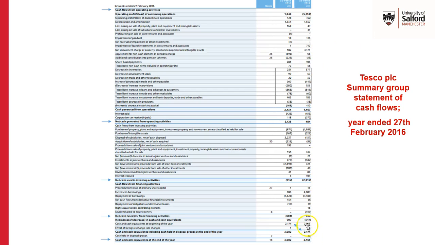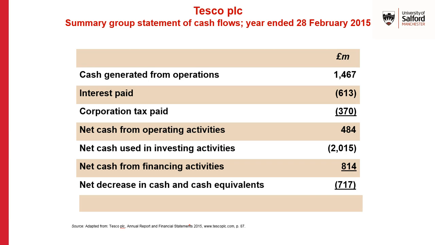So the bottom figure here, net decrease in cash and cash equivalents of -717 there, is the 717 figure here. So we have it all laid out, and you can see how these headings explain the change in the cash position.